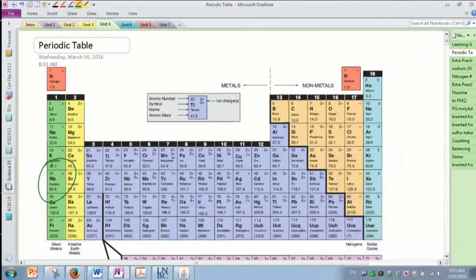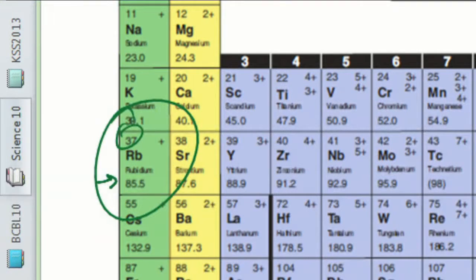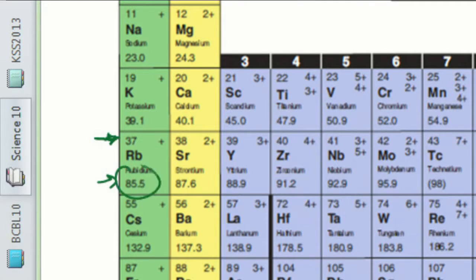Here's rubidium on the periodic table. Now, rubidium on the periodic table has a mass of 85.5 and it has an atomic number of 37. This is where students sometimes get really confused because they say, well, Mr. Borden, the 37 was the same, but we have an atomic mass of 92, but on the periodic table, the atomic mass is 85.5.